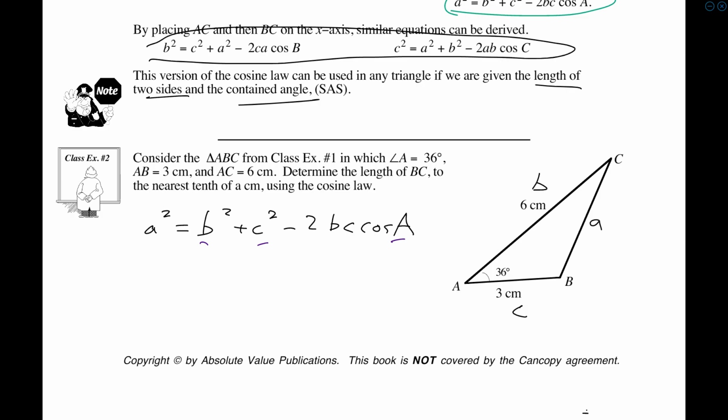Okay, so let's substitute stuff in. B was 6, and C was 3. Minus 2 times 6 times 3 times cos 36 will give me A squared.